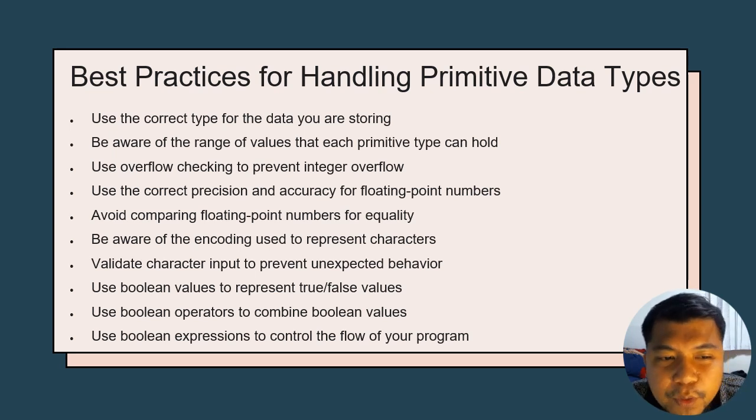Avoid comparing floating point numbers for equality. Be aware of the encoding used to represent characters. Validate character input to prevent unexpected behavior. And use Boolean values to represent true or false values. Use Boolean operators to combine Boolean values. And use Boolean expressions to control the flow of your program.